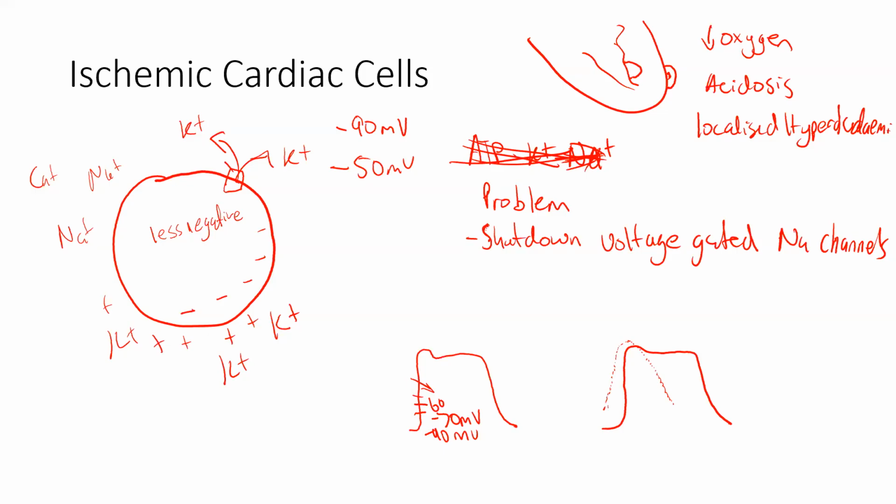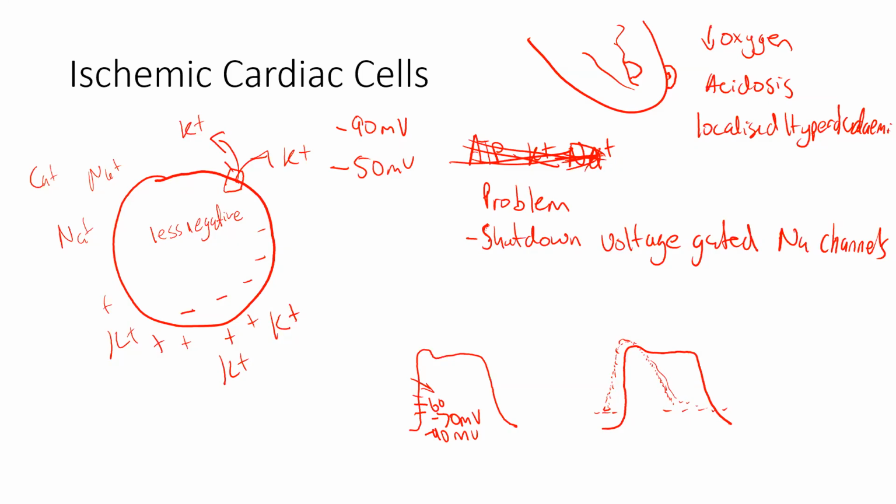So your new ischemic cardiac cell action potential is now happening earlier, its depolarization is slower, and its repolarization is happening far quicker than the rest of the normal healthy cells. So you end up with something like this. And the problem with that is it's only going to get worse until the point where the cardiac cell becomes necrotic and dies out.